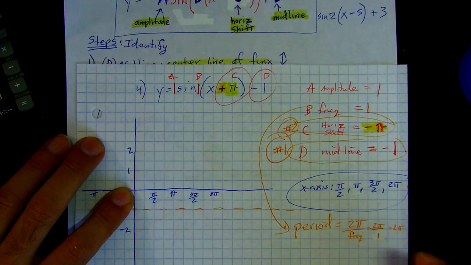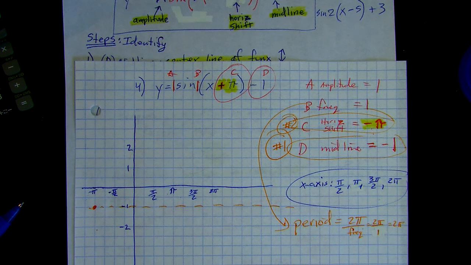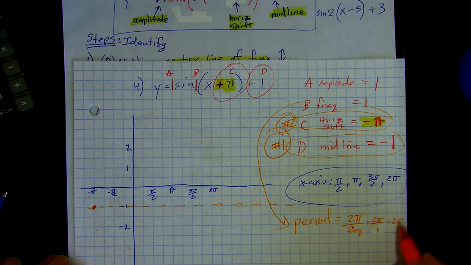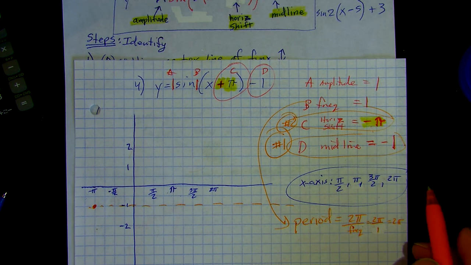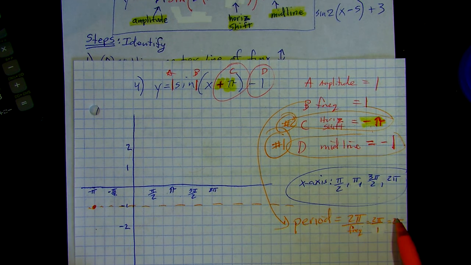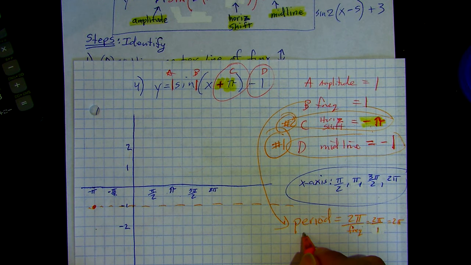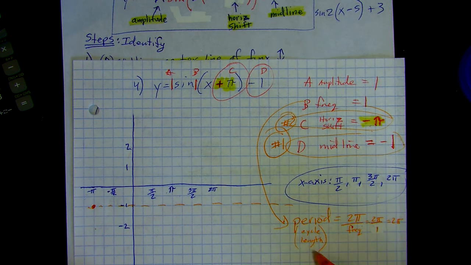All that's saying is the frequency is 1. That means it repeats once over a 2 pi range, and that's the range we're looking at. So if it repeats once, then the period, which is the length of the cycle, how far you go before it repeats, is 2 pi.